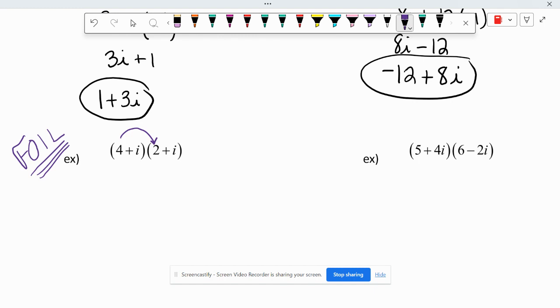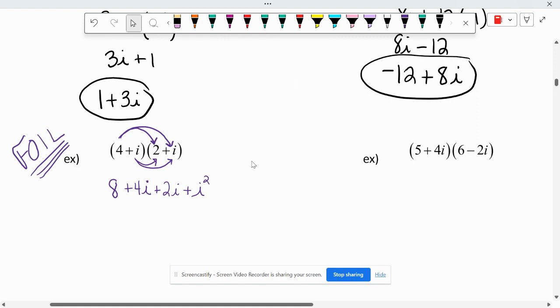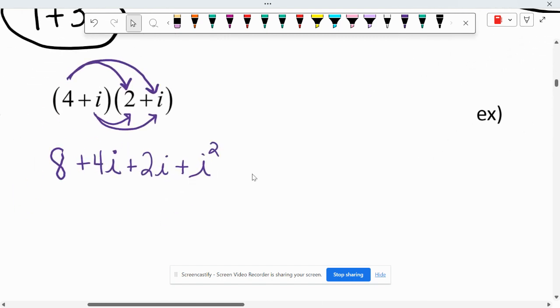4 times 2 is 8. And I'll draw this as a box in a second so you guys can see it that way as well. 4 times i is plus 4i. i times 2 is plus 2i. i times i is plus i squared.